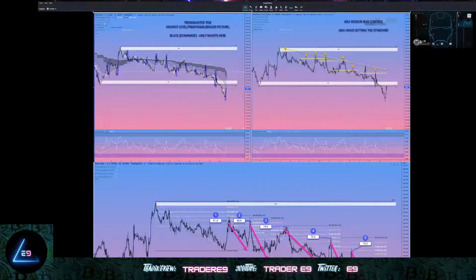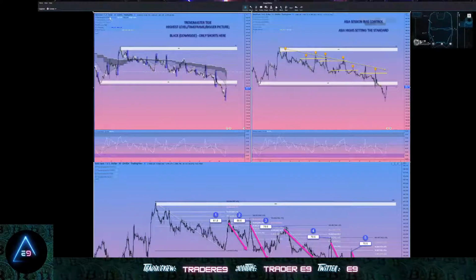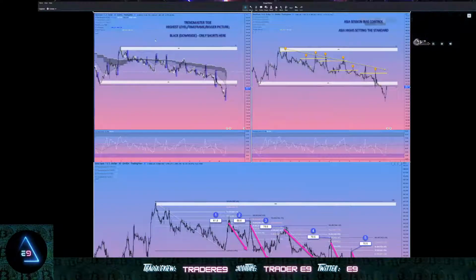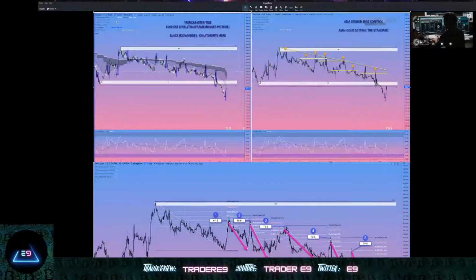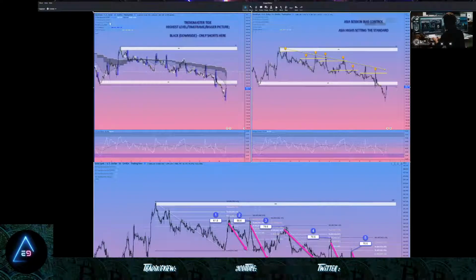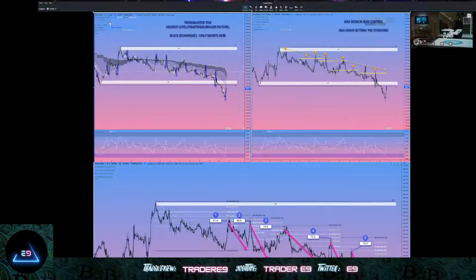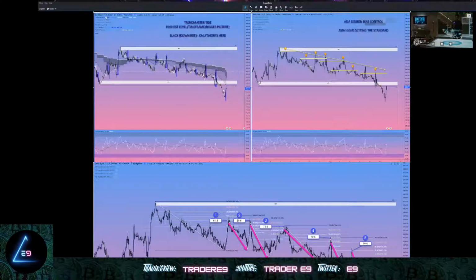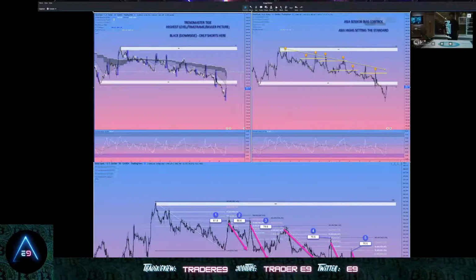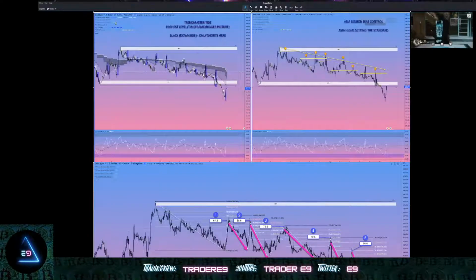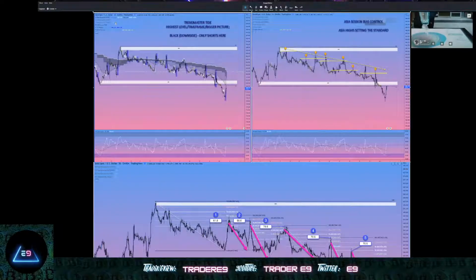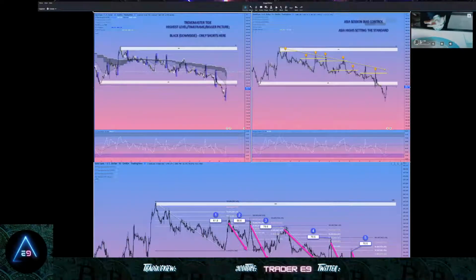If the wave is blue, then maybe you don't want to take shorts. If the ripple is blue, well, how can I explain it? It's more risk. So if the tide is black, the wave is black, and the ripple is about to turn black, you want to go short. I think I made that clear.